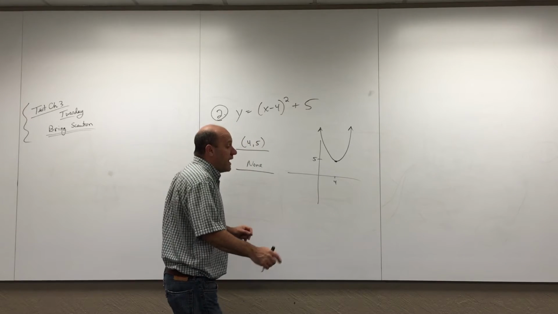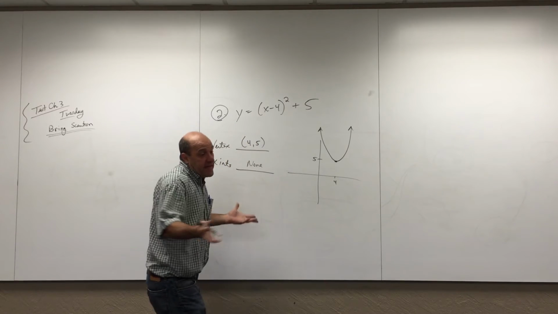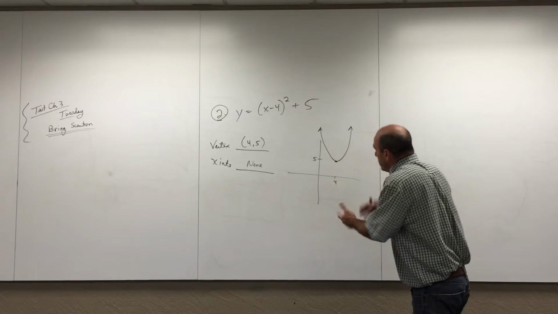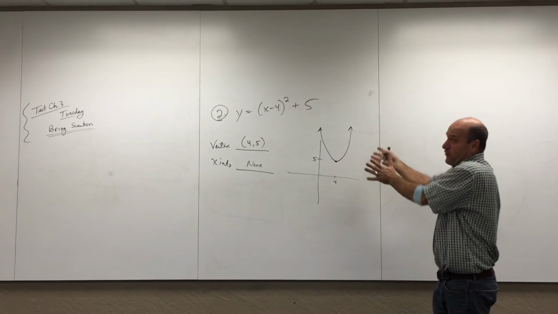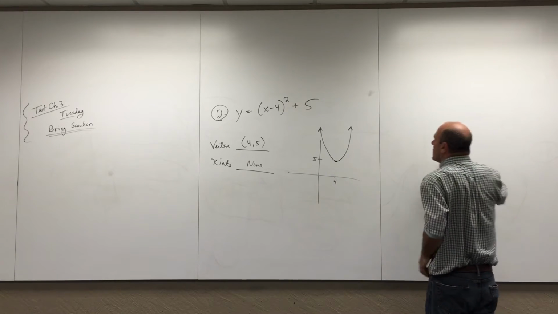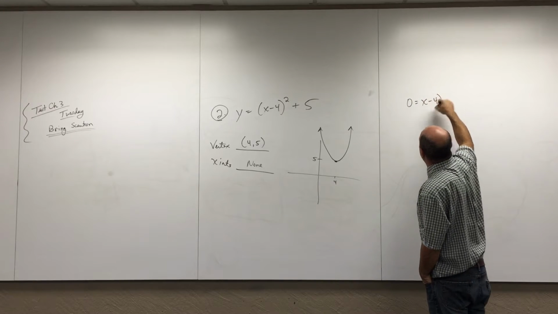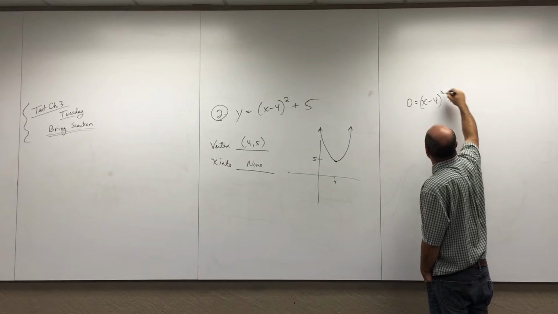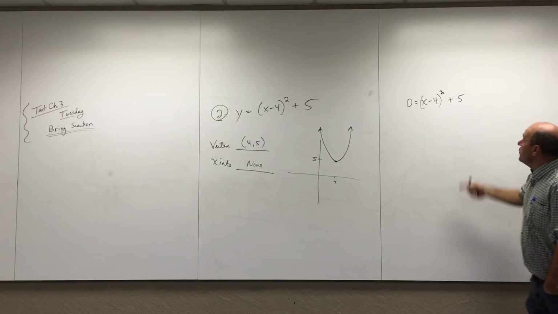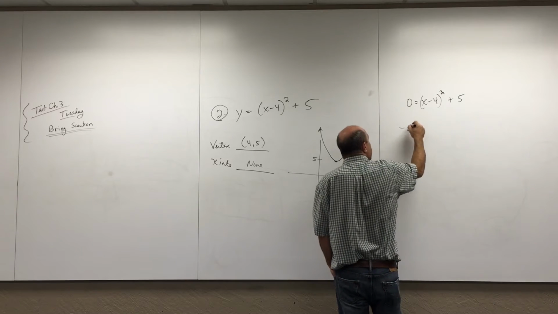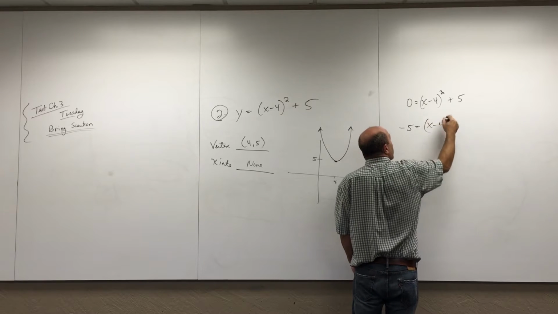Some students tried to find the x-intercepts. Let's watch what happened. So let's say you didn't see this cool trick. But if you didn't see it, what would you do? You would try to find the x-intercepts. If you try to find these x-intercepts, you move the 5 over and you get a negative 5. And you try to take the square root of both sides.